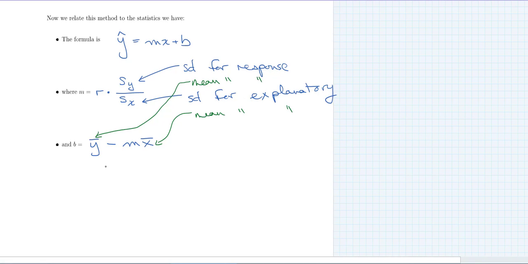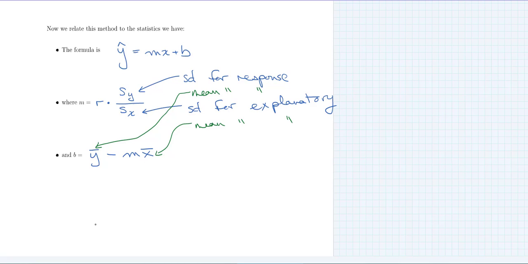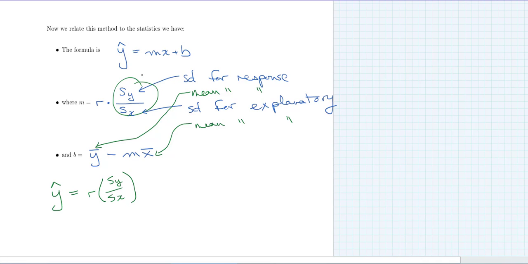All right. So if we put this together, then the equation for our linear regression line using the least squares method is y hat is equal to r sy over sx. Okay, and again, think of this as the change in y over the change in x, and that's m, times x plus whatever b is, and we said that that is y bar minus m times x bar.